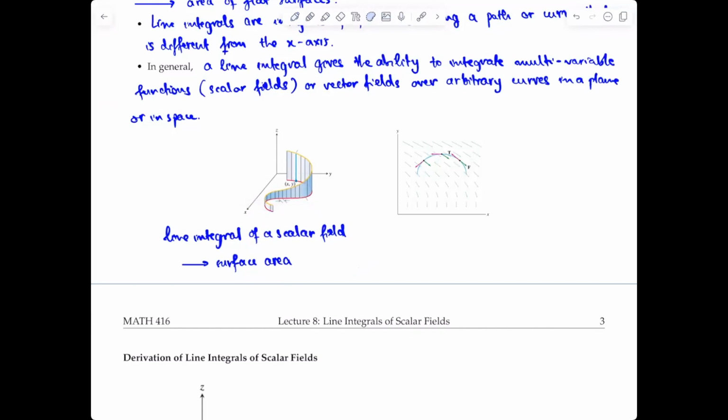For the second picture, this is the line integral inside a vector field, or usually I just say the line integral of a vector field. This tells you the work done.